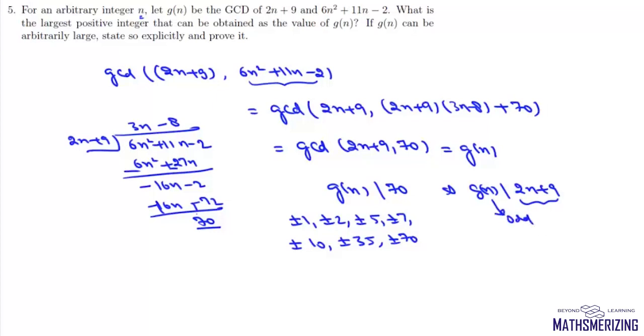So Gn cannot take even values. It can take only odd values. So the largest possible value of Gn is 35. So the largest positive integer that can be obtained as the value of Gn is simply 35. And we'll get this value as 35 when 2n plus 9 is 35. So 2n is 35 minus 9, 26, when the value of n is simply 13.